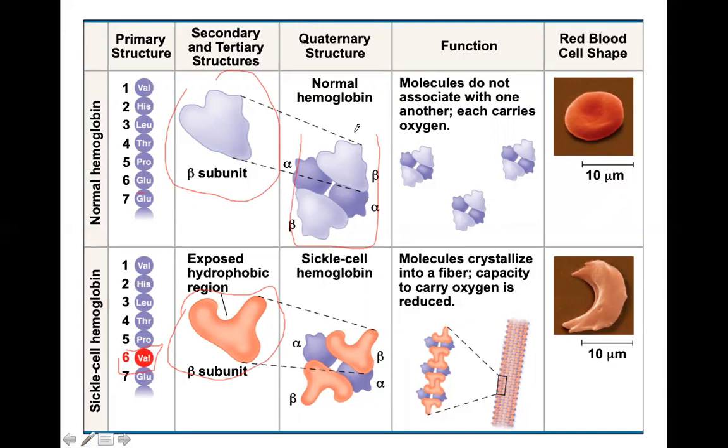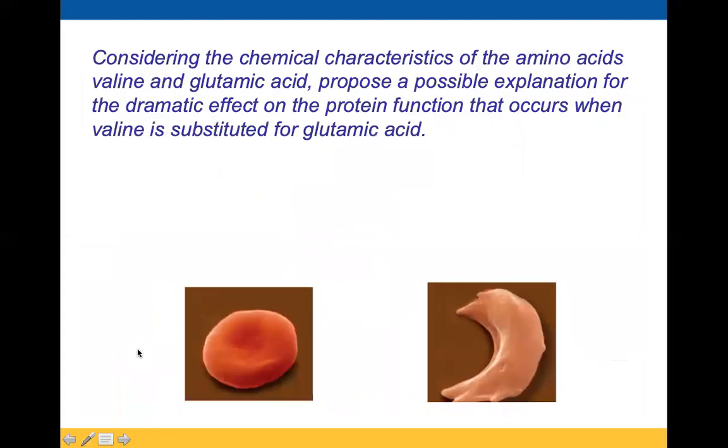So this would be normal. If you change just one amino acid, that's going to result in a faulty beta subunit, and that's going to definitely change the shape and functioning characteristics of that protein. So that's just one way that the final quaternary structure can be changed by a genetic mutation.